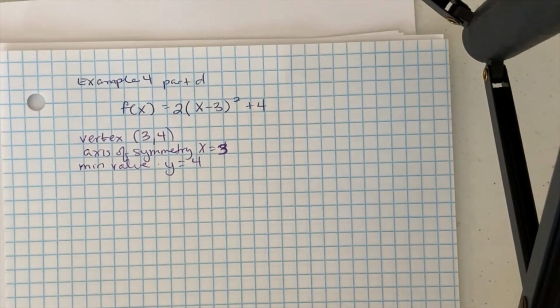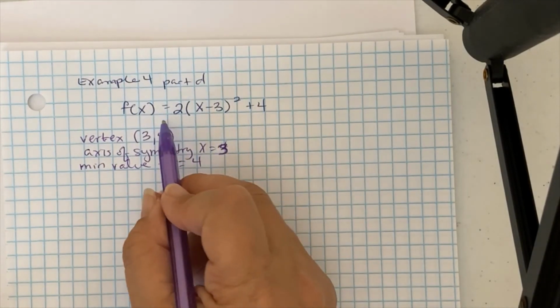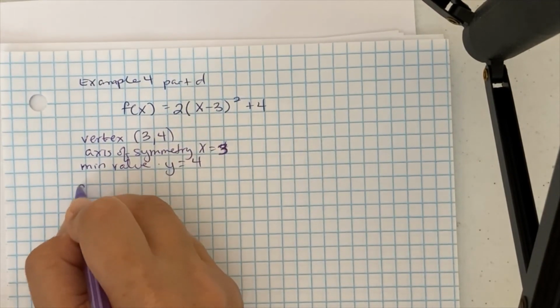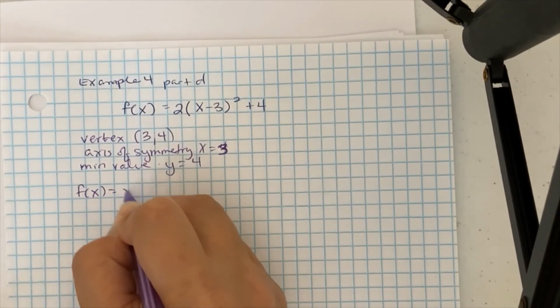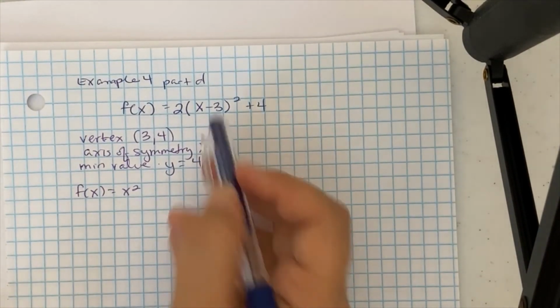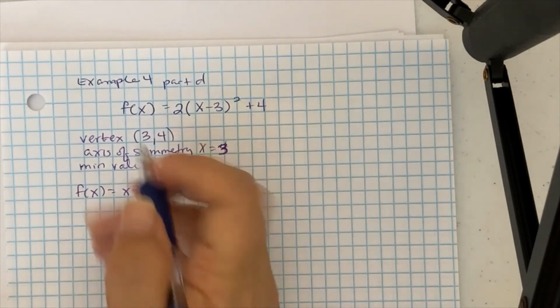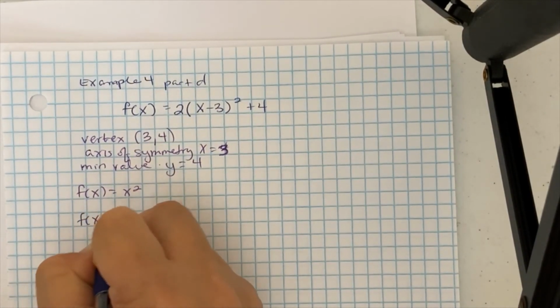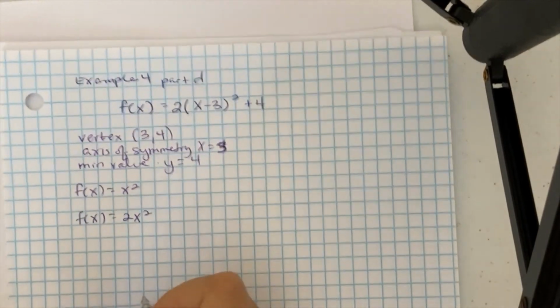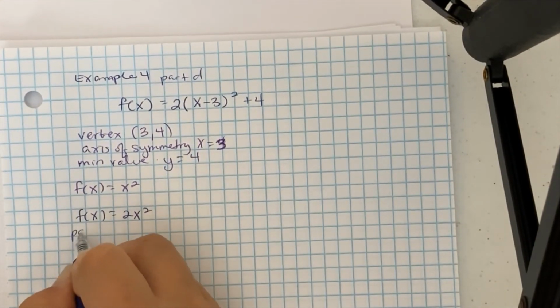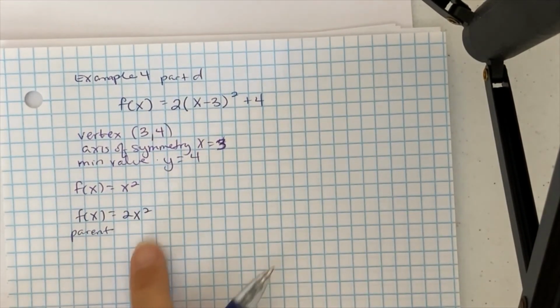In order to graph this, you have two options. You can graph the parent function, which is what I would do, and then do your shifts. Normally our parent function would be f of x equal to x squared. But because we already have an a value, I'm going to use f of x equal to 2x squared as our parent.